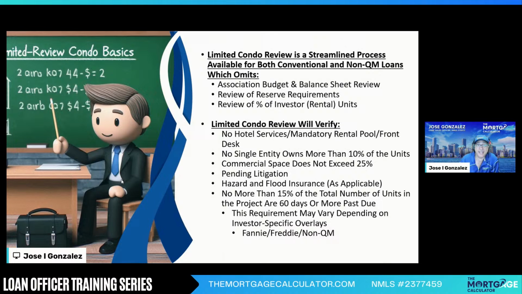No single entity owns more than 10% of the units is something else they will ask. They're also going to ask what percentage of the building is commercial space. It cannot exceed 25%.